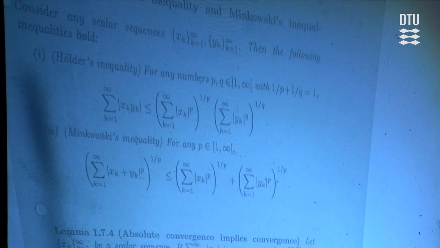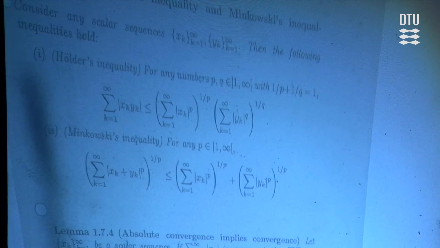Now, how can we choose these numbers p and q? You see, if we look at this and we put p equal to 500, for example, we do not get anything interesting because we don't know anything interesting about x_k to the power 500. But we know something interesting about x_k to the power 2 because we know we are dealing with a space L^2. That means what we know is that the sum of x_k to the power 2 is finite.